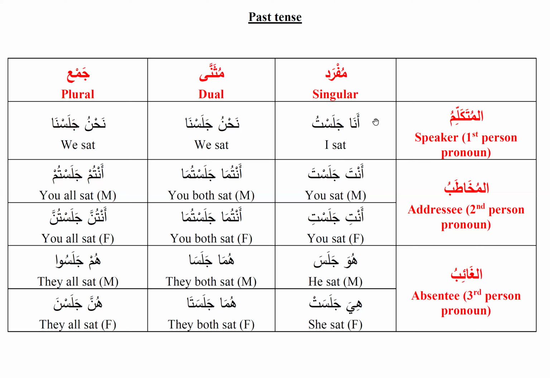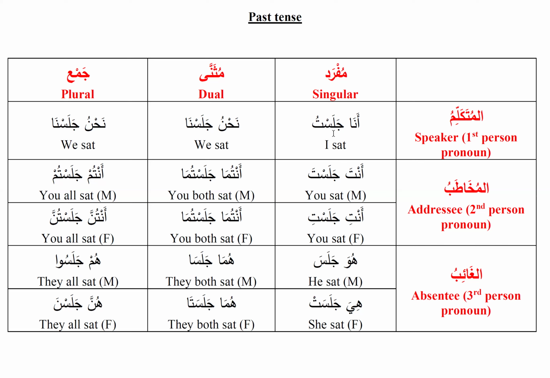Now we learn what are the letters we need to remember for each pronoun. So when you want to say I, ana, you have to relate it with tu at the end. So you take the verb which is jalasa. And by the way, the origin of the verb is over here.